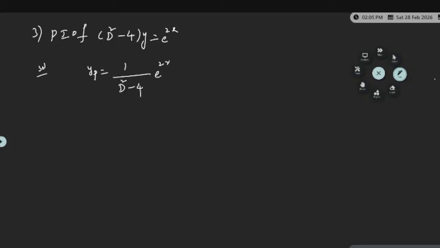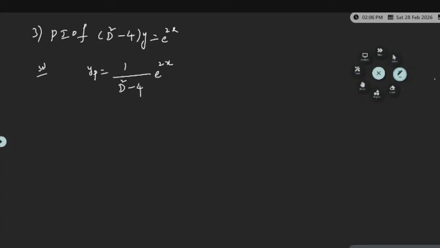Find the particular integral of yp equal to... What is your observation?